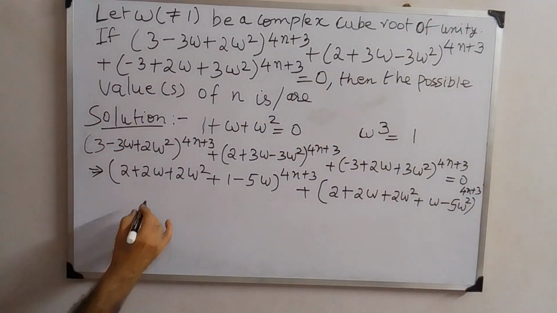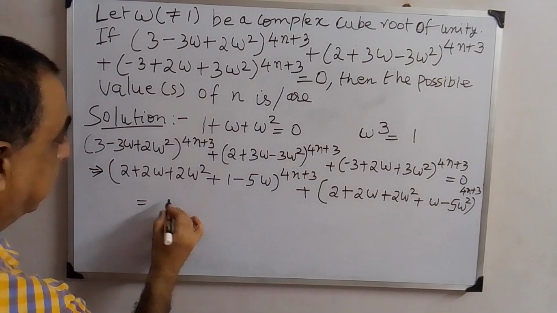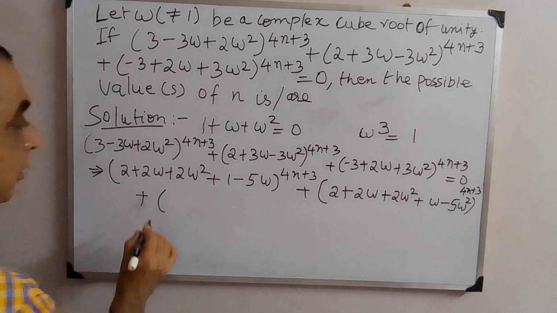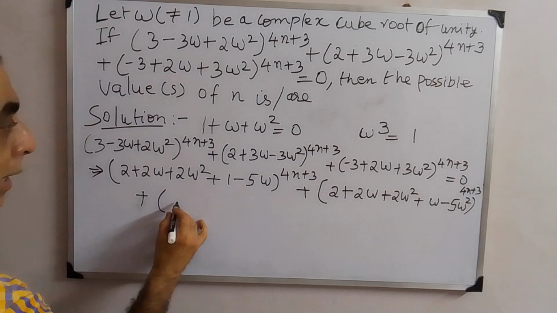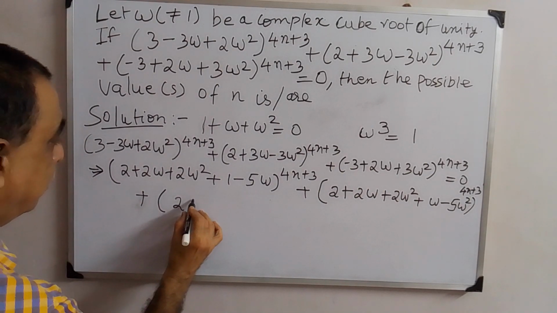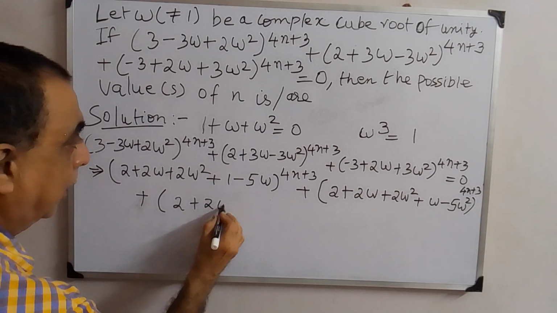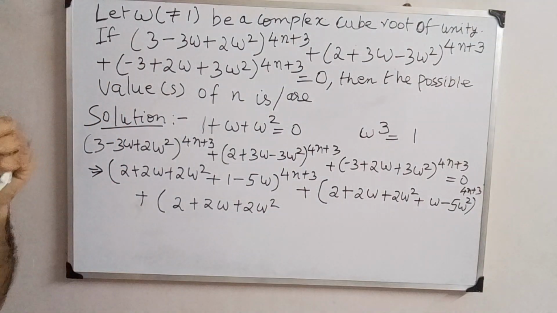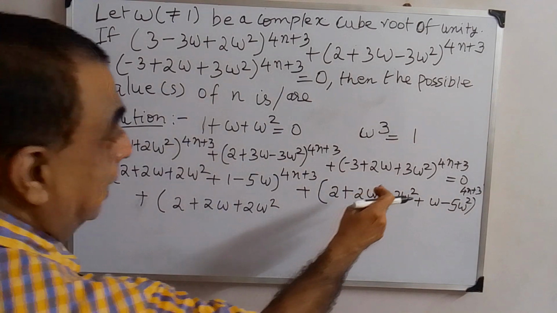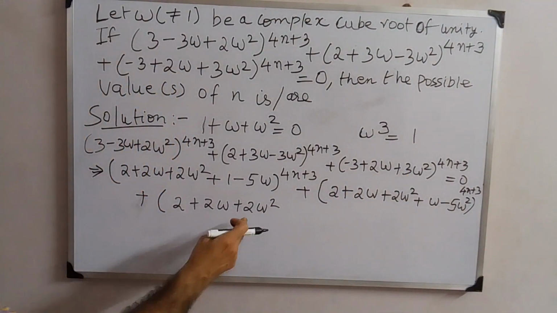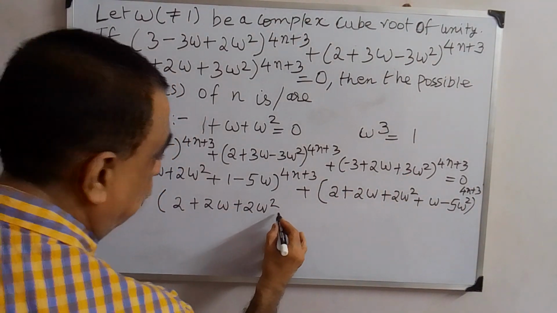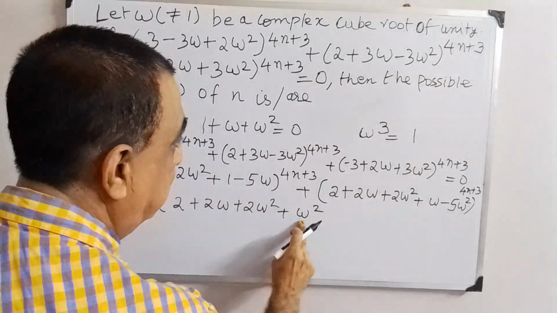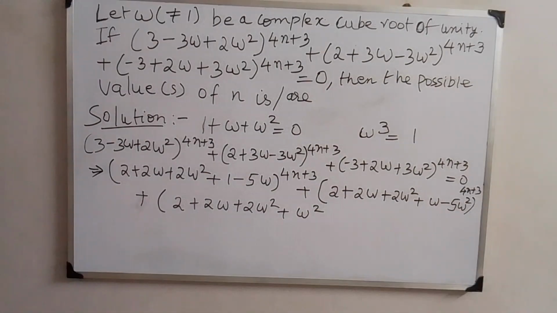Now here, sorry, this is plus. Here also I am writing 2 plus 2 omega plus 2 omega squared. But here it is given 3 omega squared and I have written 2 omega squared, so I am writing another omega squared: 2 omega squared plus omega squared will become 3 omega squared.